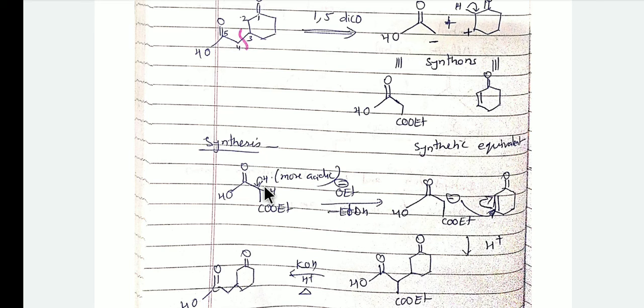So this hydrogen is the more acidic hydrogen atom, and it can be removed very easily by the reaction with base, OEt minus. So the hydrogen is removed as H plus and EtOH is liberated here, and this compound becomes an anion. Therefore the C minus is created here.